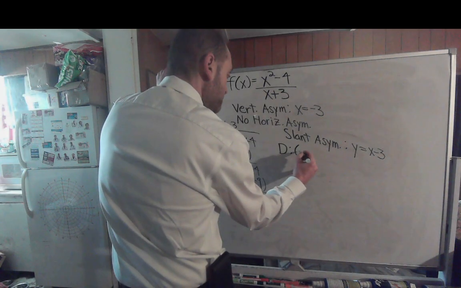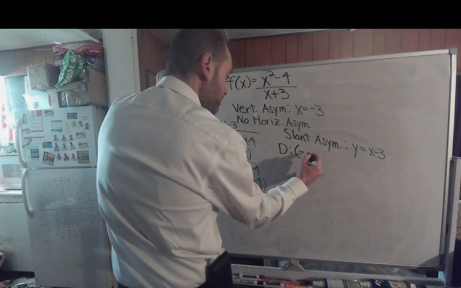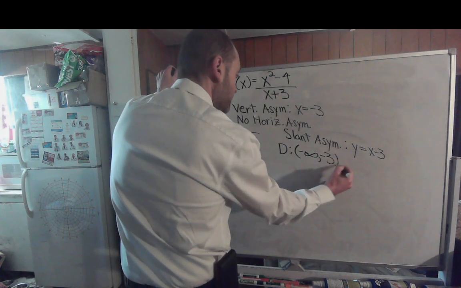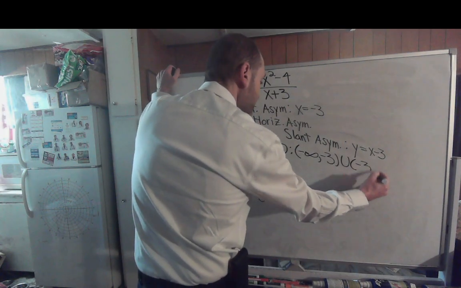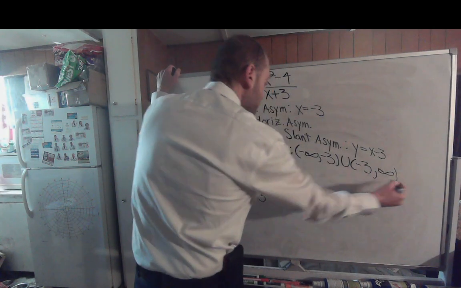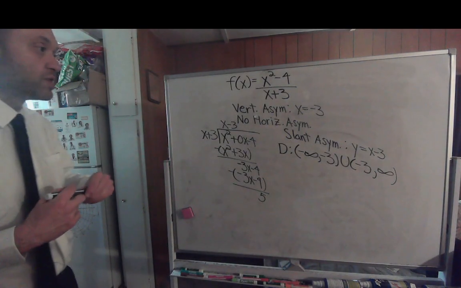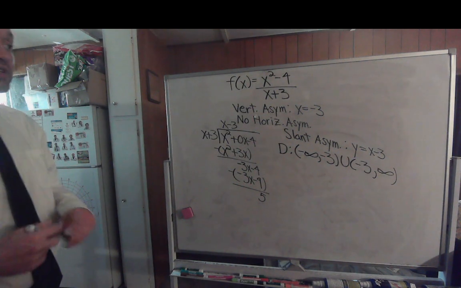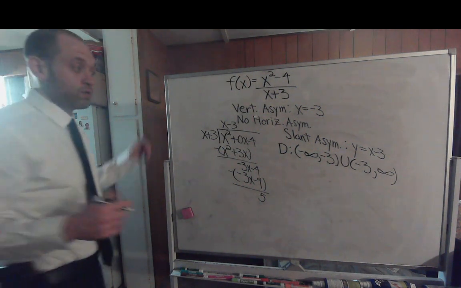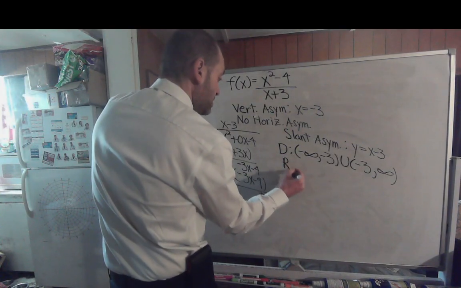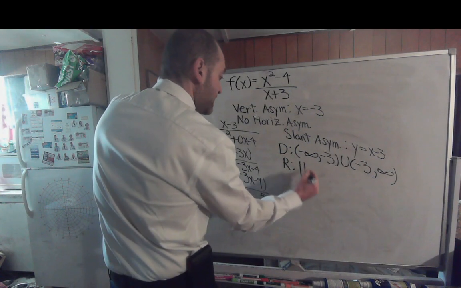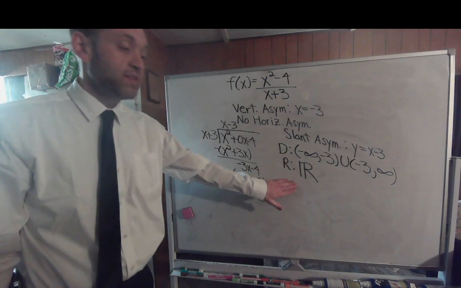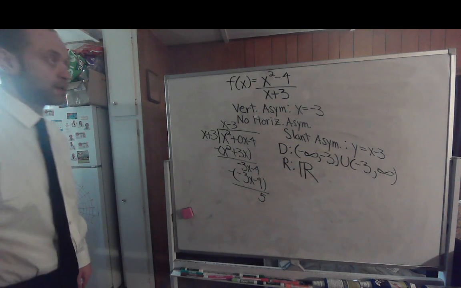So the domain is from negative infinity to negative 3, non-inclusive, union negative 3 to infinity, non-inclusive. What about your range? Because you have a slant asymptote and no horizontal asymptote, your range is the entire set of real numbers. There are no restrictions on the range.